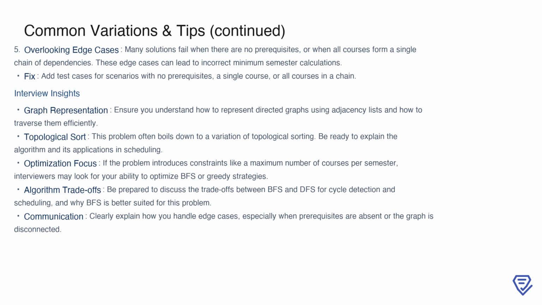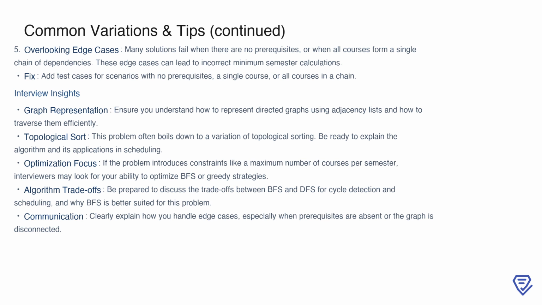representation. Knowing how to use adjacency lists and traverse graphs efficiently is key. Since this problem is fundamentally a version of topological sorting, you should be ready to explain the algorithm in detail and highlight its use in scheduling tasks. Optimization is another area of focus, especially when constraints like a maximum number of courses per semester are introduced.